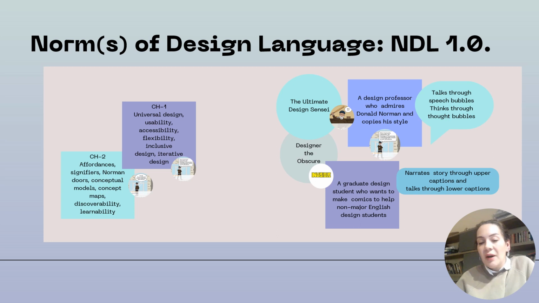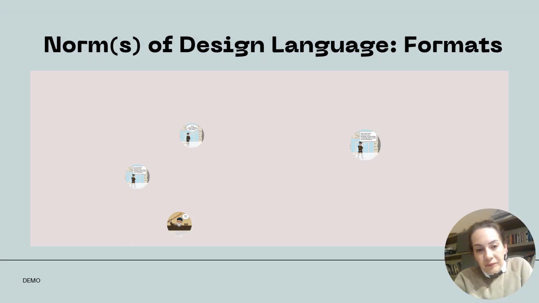And in the second chapter, we have affordances, signifiers, and some concepts like Norman doors, conceptual models, concept maps, discoverability, learnability. And in the third chapter, we are dealing with constraints and the types of constraints, mapping, the gulf of execution, and the gulf of evaluation.